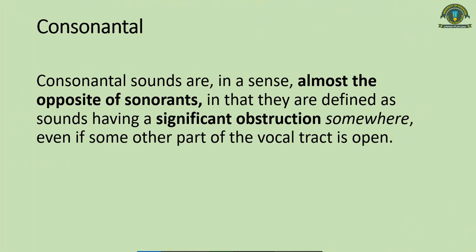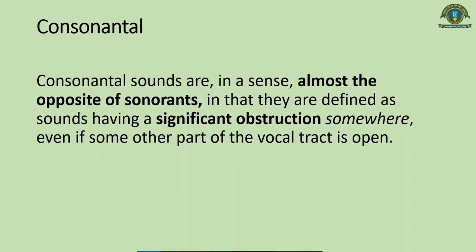Okay, now the next feature which is used to define the major classes is the consonantal feature. The consonantal sounds are in a sense almost the opposite of sonorants, in that they are defined as sounds having a significant obstruction somewhere, even if some other part of the vocal tract is open.